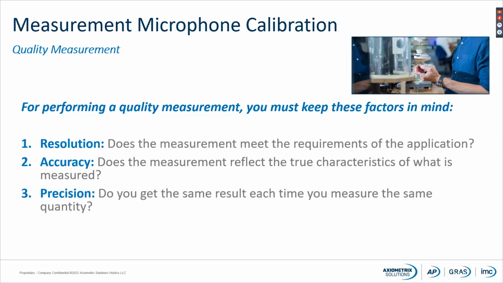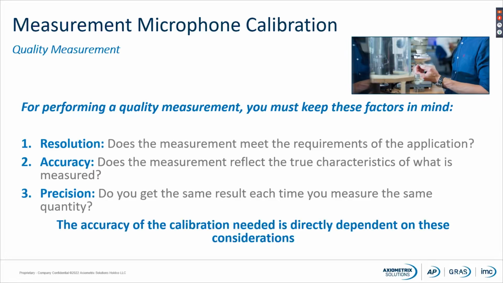And third, precision. Do you get the same result each time you measure the same quantity? So the total accuracy of the calibration needed is directly dependent on these three considerations we have on this slide.